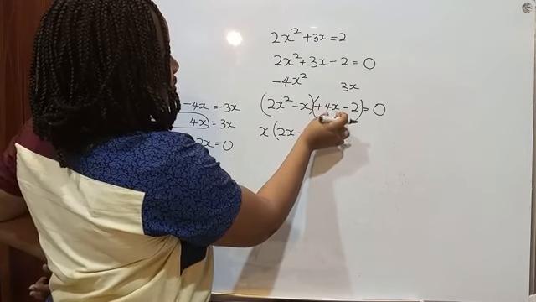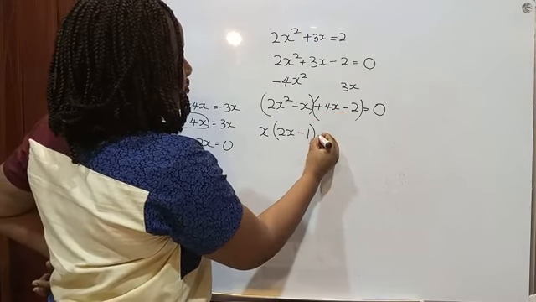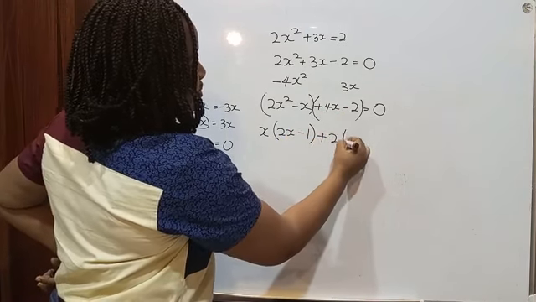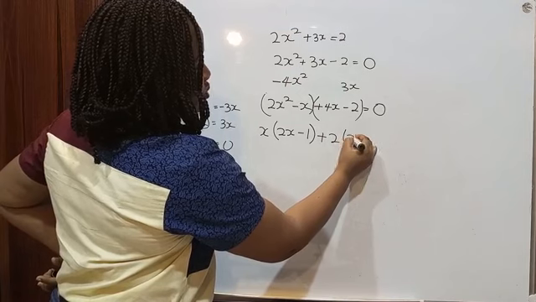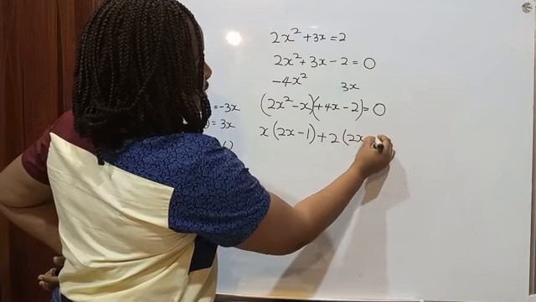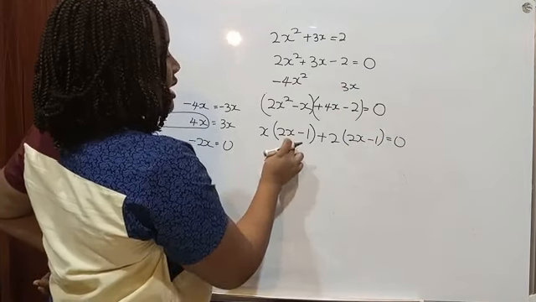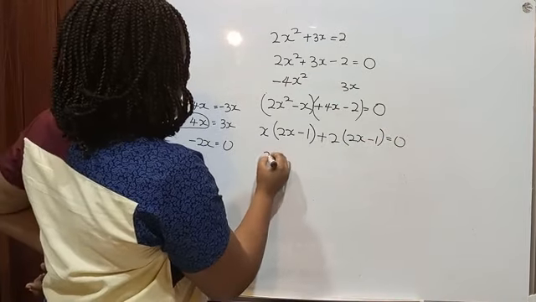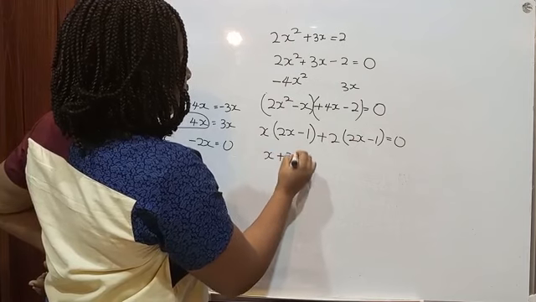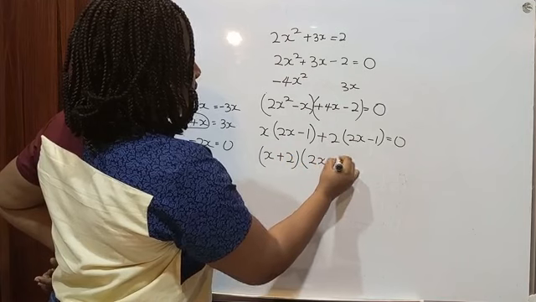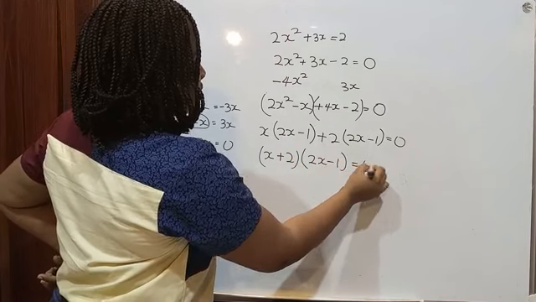So between 4x and 2, you have plus 2 in common, bracket 2x minus 1 equals 0. So you have 2x minus 1 here and here, they are common, so you have x plus 2 bracket 2x minus 1 equals 0.